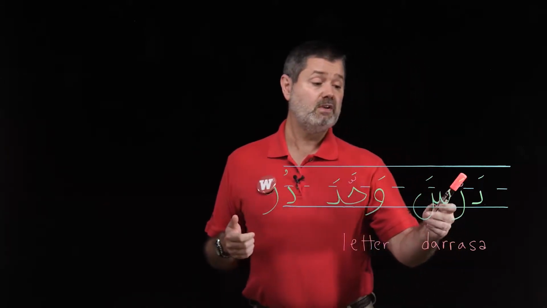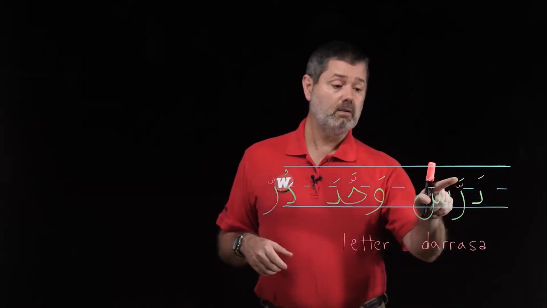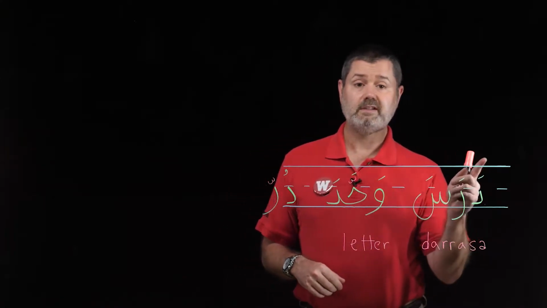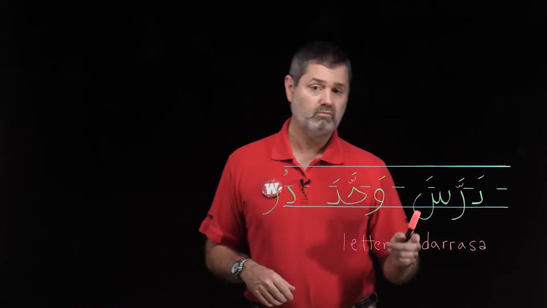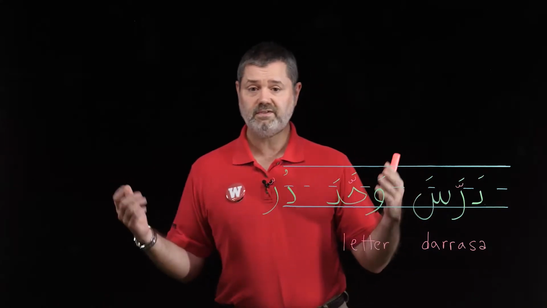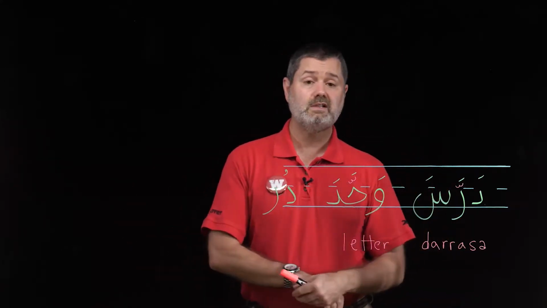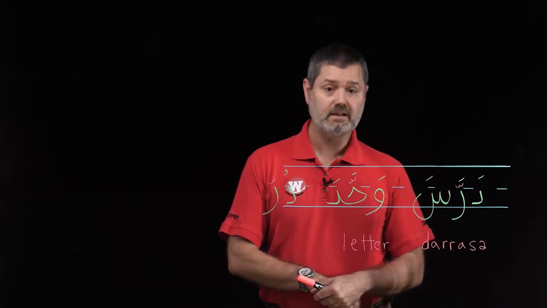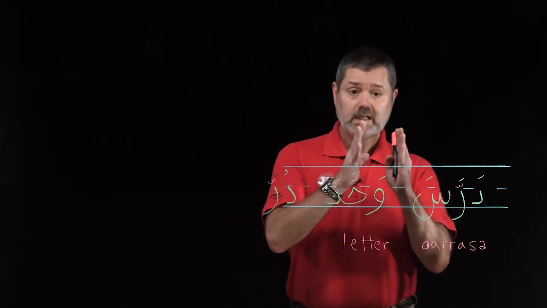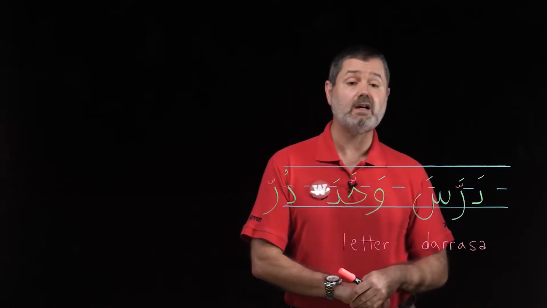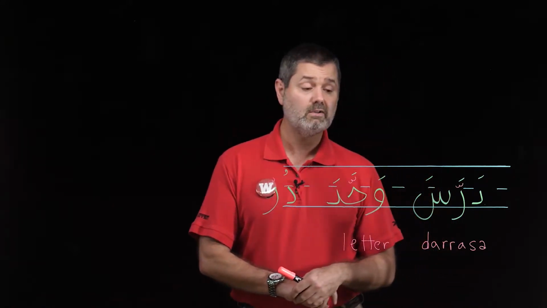So, for example, if this shadda were not here, before it was on there, I would have the word darasa. Darasa. Very simple, right? Three syllables. Here, I'm going to have to double that ra sound. Darrasa. There is clearly a lengthening of that ra. I'm actually going to pronounce two of them in a row.